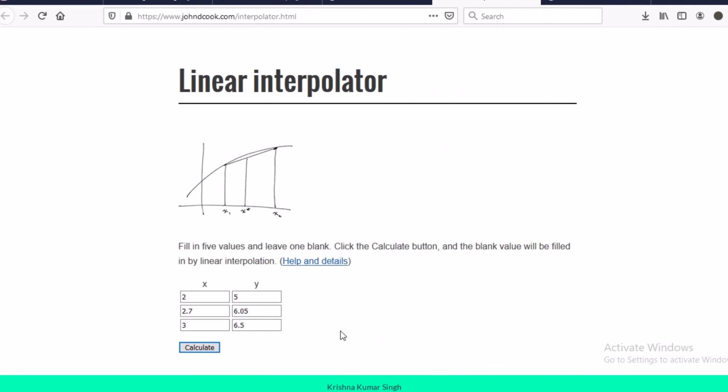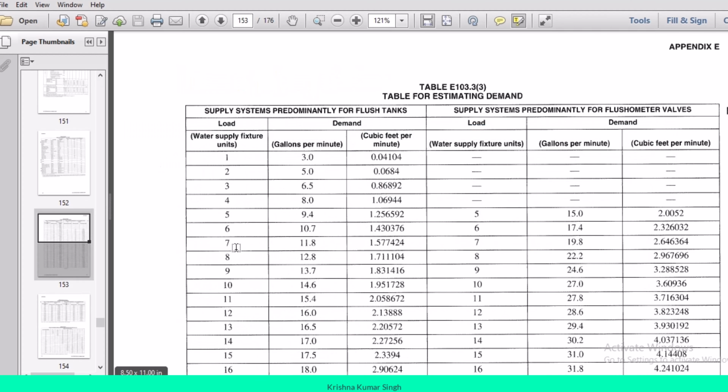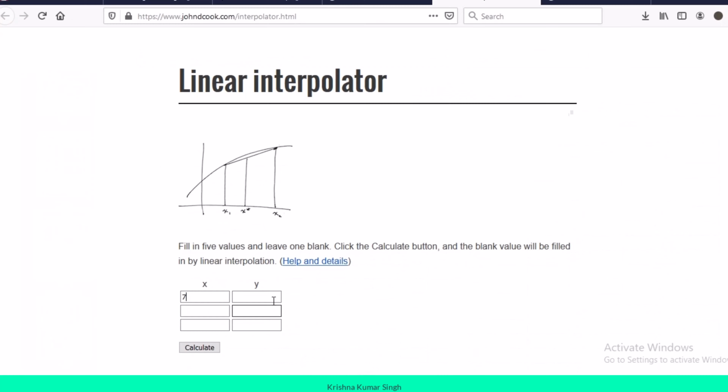Now go back to your interpolation calculator, remove all these values. 7 will give you how many GPMs? 11.8 GPMs. Now in between you want to find 7.4. Leave it blank because the calculator will give you this value.